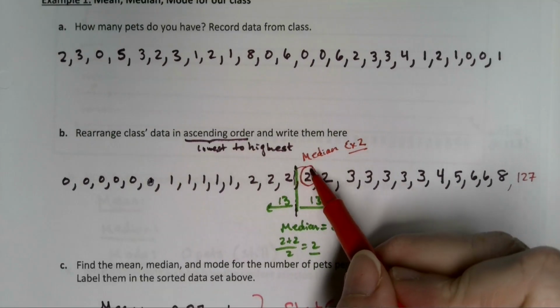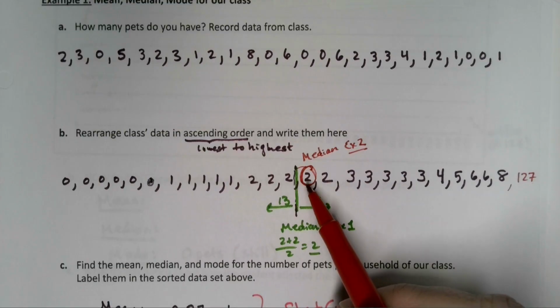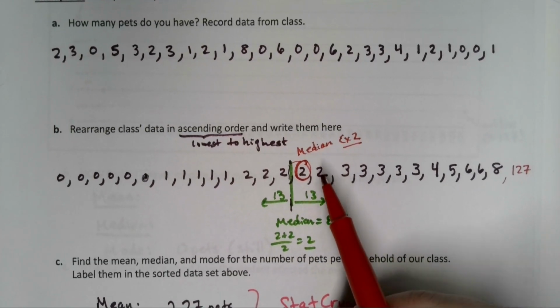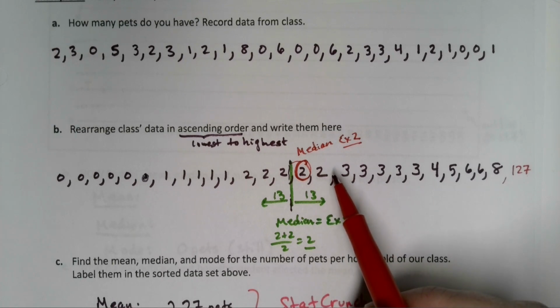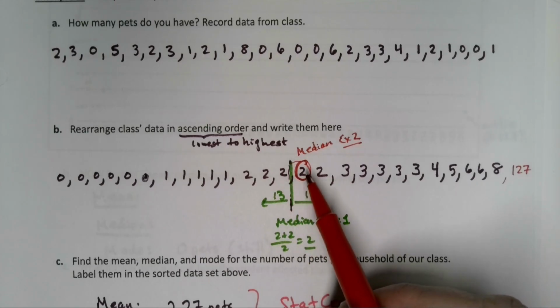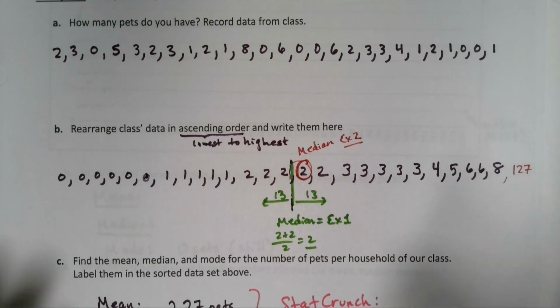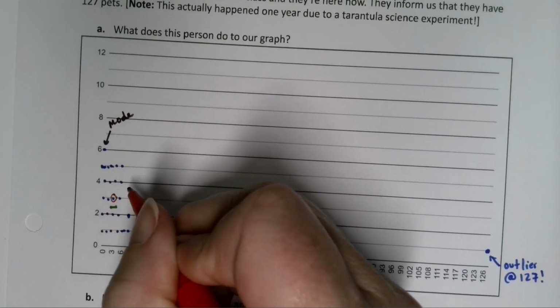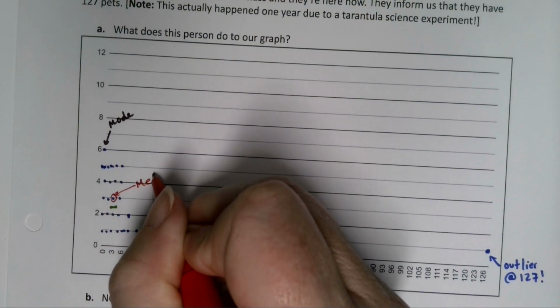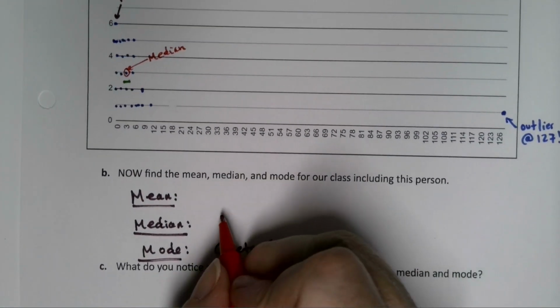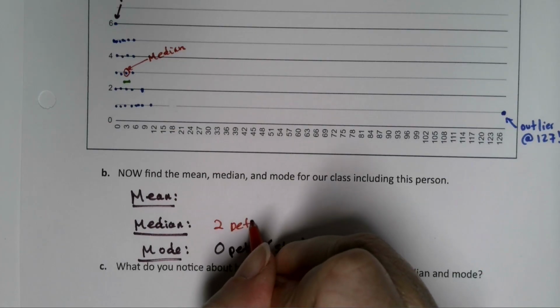But it's still the same number. It doesn't really affect it much. Sometimes you could get nudged from a 2 to a 2.5, or from a 2.5 to a 3. But this one just nudged it from a space, which was 2, to this spot, which is 2. On the dot plot, it's going from this line to this. That is now the median. It's still 2 pets.